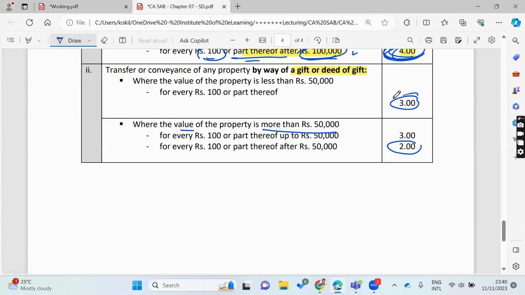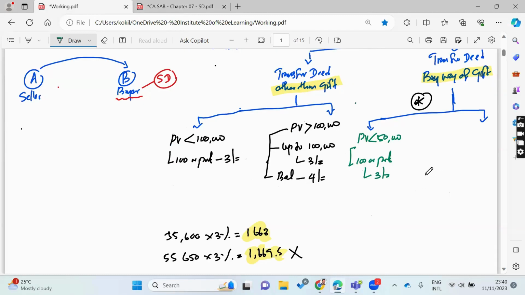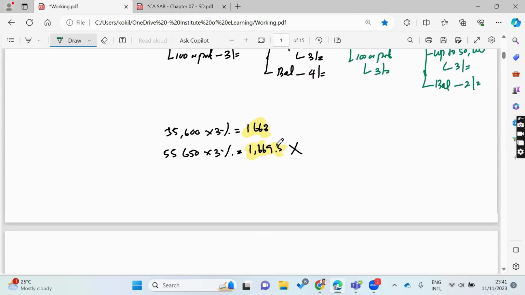And if your property value is more than 50,000, up to 50,000 you need to multiply by 3, the balance 2. Hope this is clear to everyone.